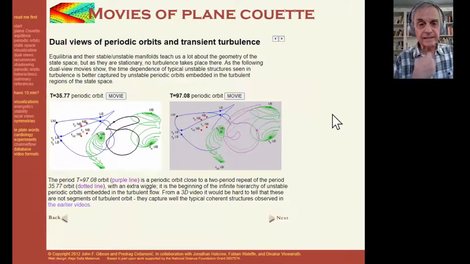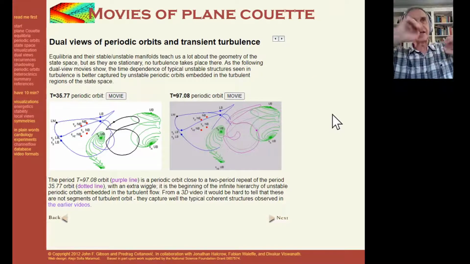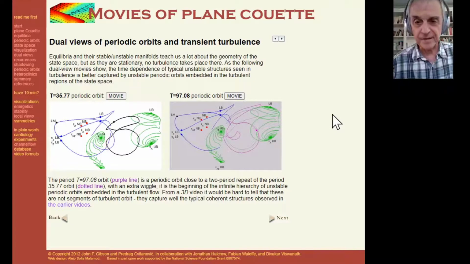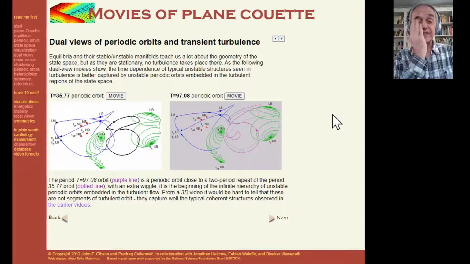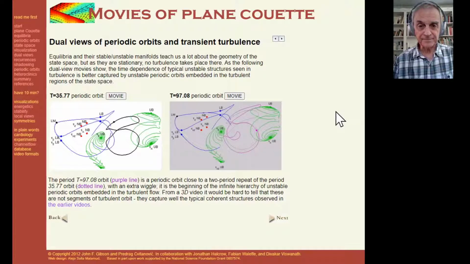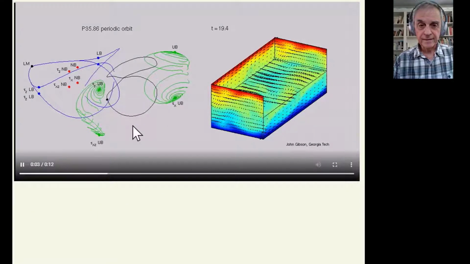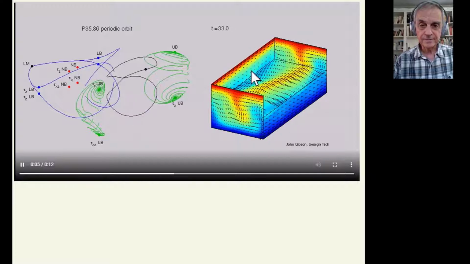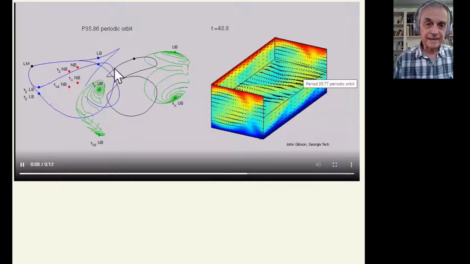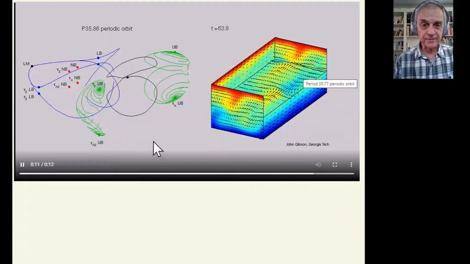And the next simulation, I showed you originally that it looked like the upper branch had these unstable equilibrium planes or semi-spheres, and the turbulent flow seemed to be captured, chaperoned by them. Now we can see how this works by simulations where you have a periodic flow and how it visits various neighborhoods.